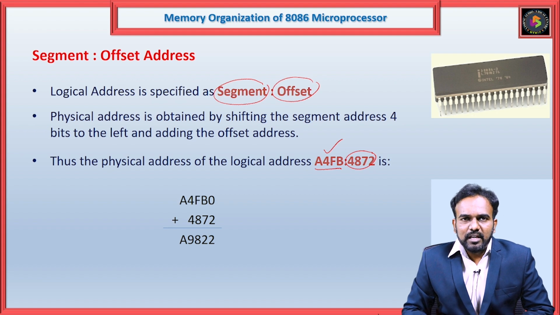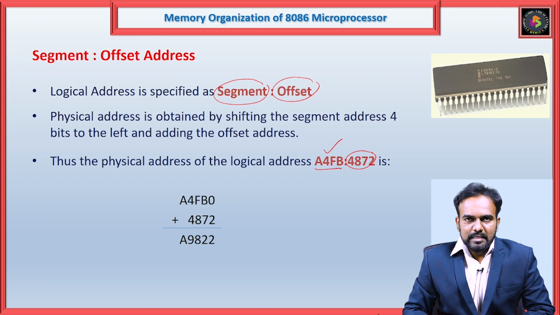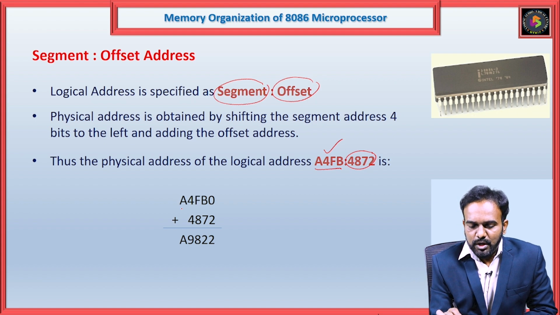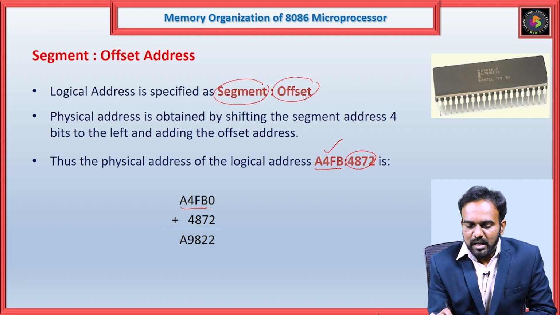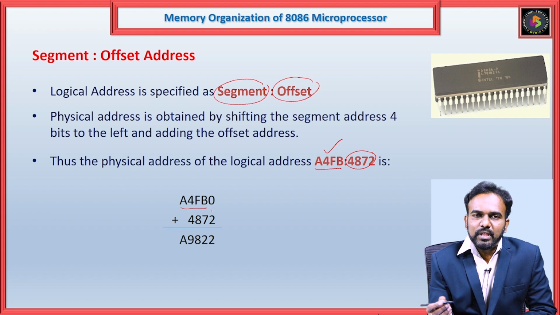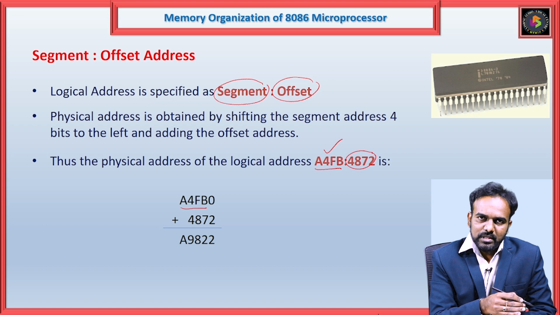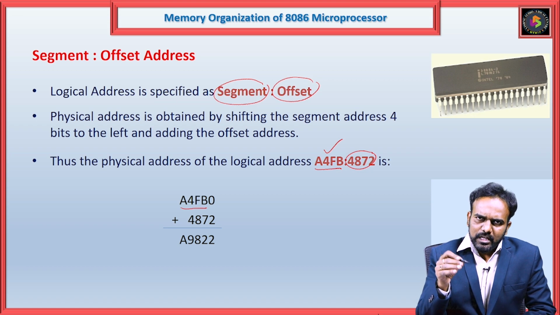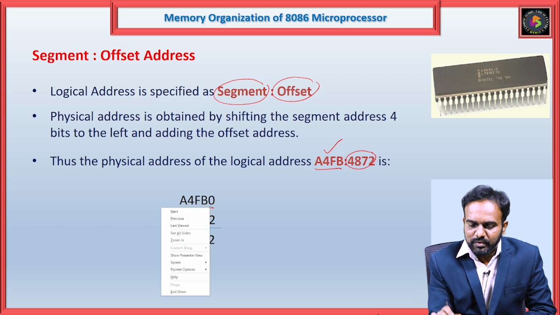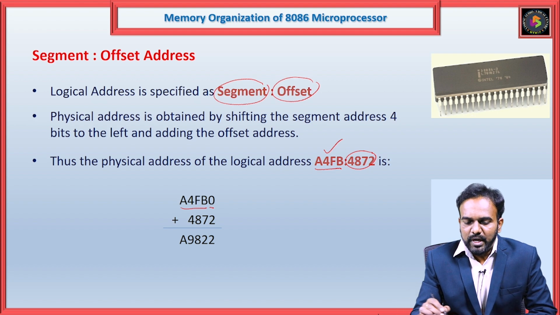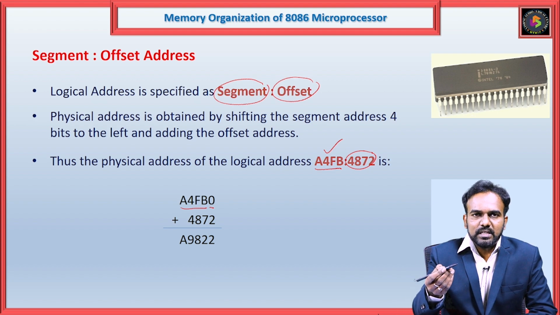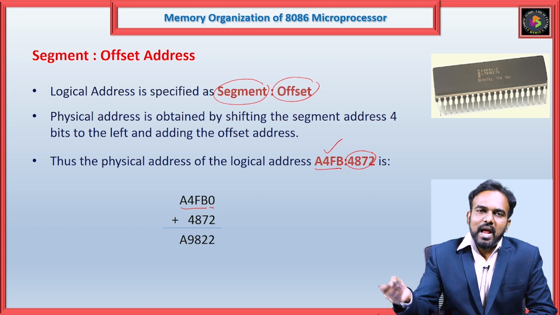How are we going to calculate a 20-bit physical address for this given logical address? A4FB is the segment address, as I already told you. Here we have to shift all the bits to the left side 4 times, or you can add a hardwired 0. This 0 we add here, and then we add the offset address 4872 to the previous base address plus the added 0.